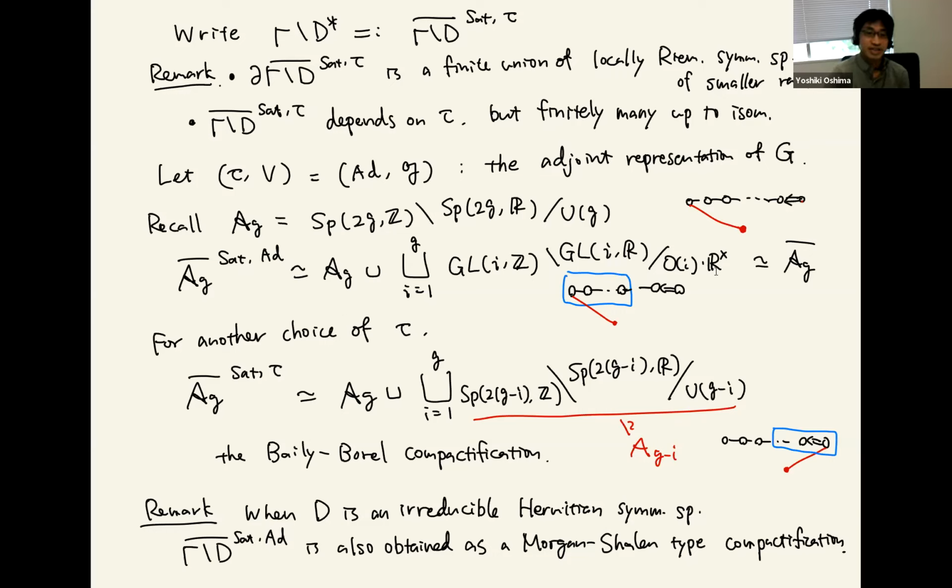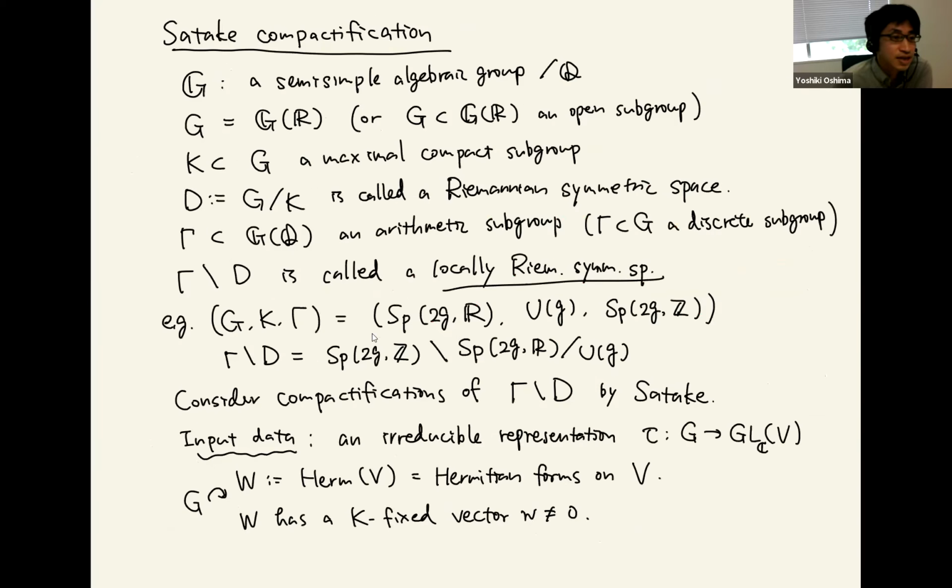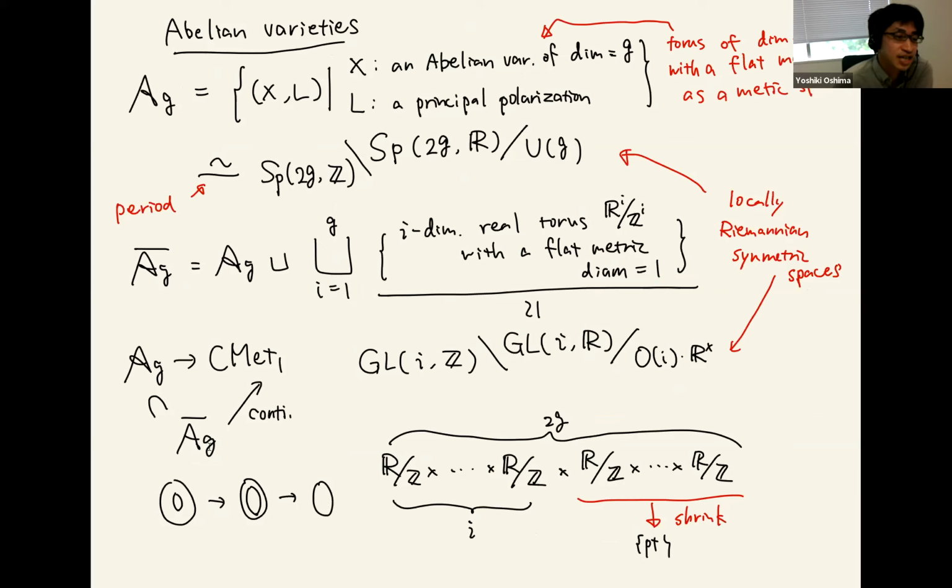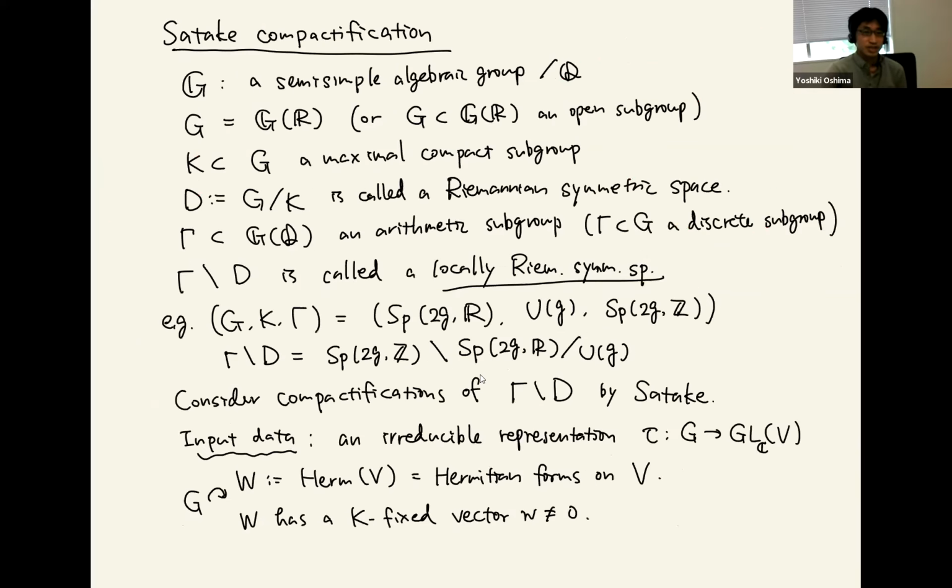This is the same as the one that appeared before using Gromov-Hausdorff limits. So this A_G bar is actually isomorphic to the Satake compactification for the adjoint representation.